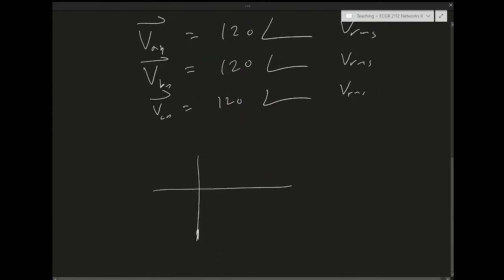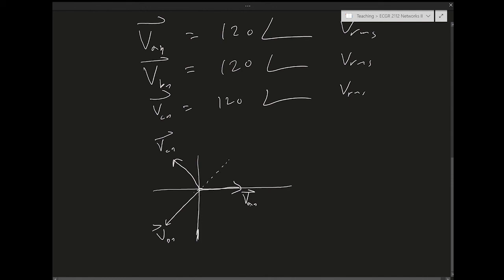We want to find the relationship between the phase voltages and the line-to-line voltages. We did that I think in the past, but let's redo it. The line-to-line voltage is just VAN minus VBN. So this is the minus VBN here.